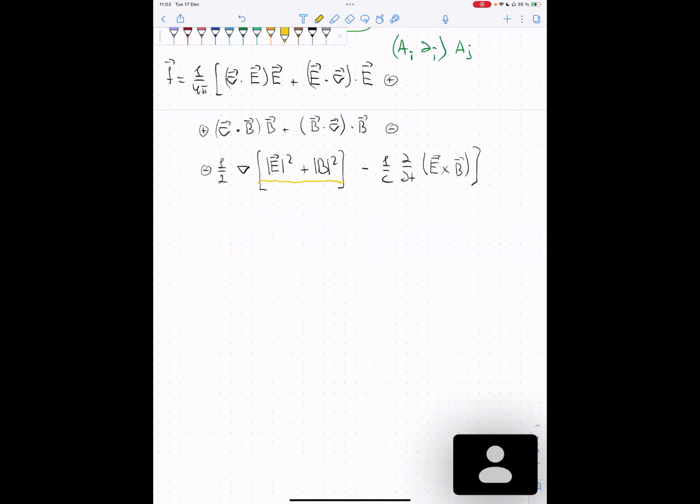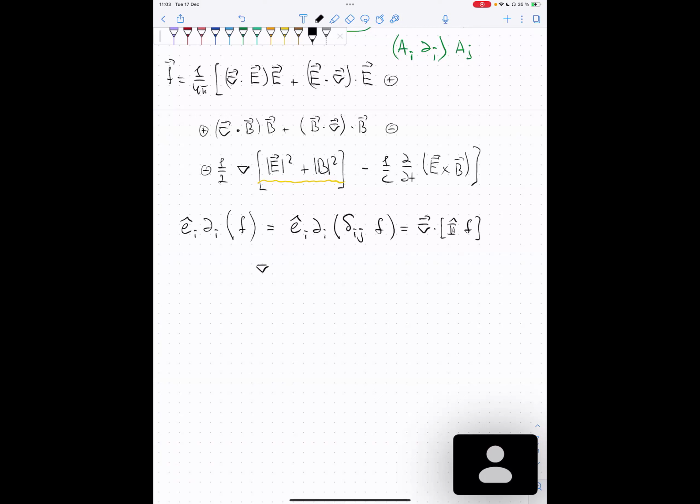Basically, this is like e_i d_i of some scalar function, and we can write it as e_i d_j delta_ij of some scalar function, and basically this equals the divergence of the identity tensor multiplied by this scalar function.